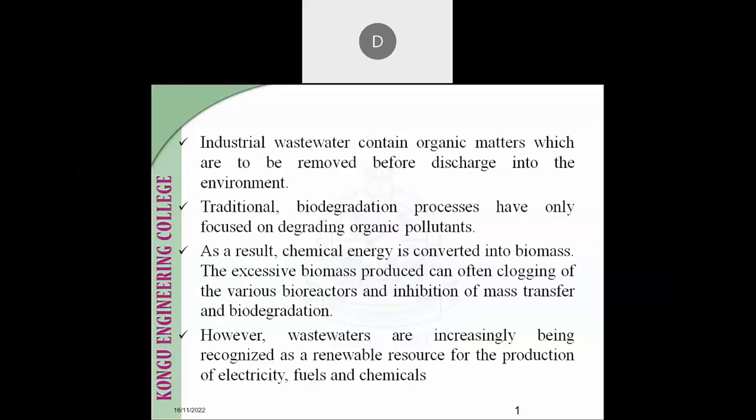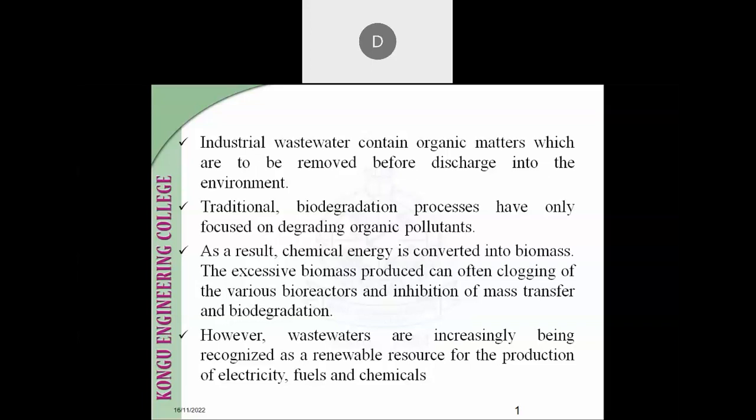That is the most important thing. So this energy should be identified and recovered from that waste. That is a very important aspect.